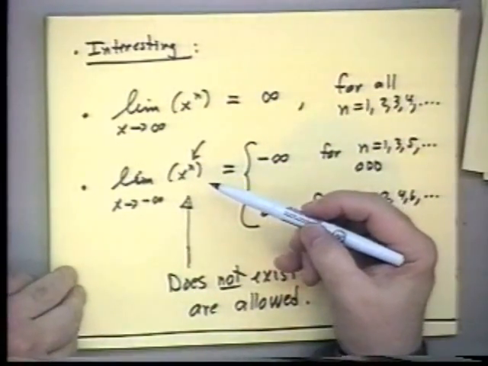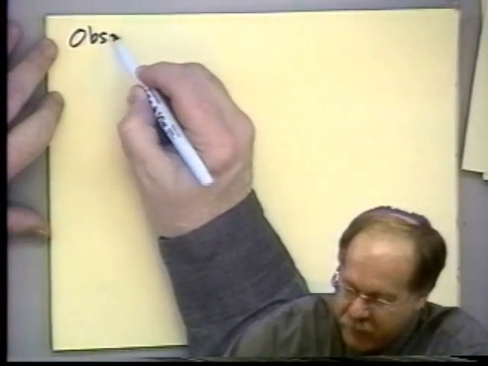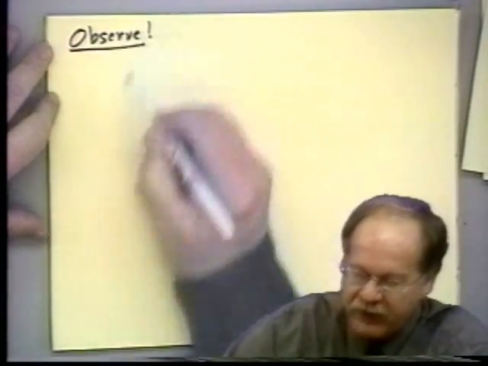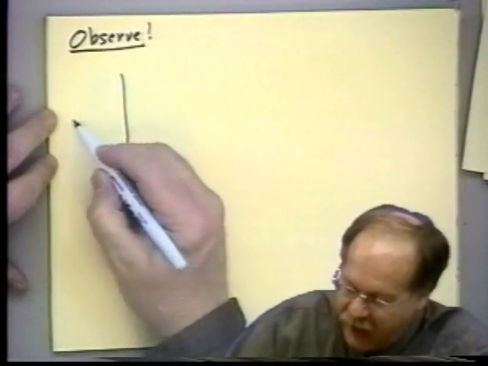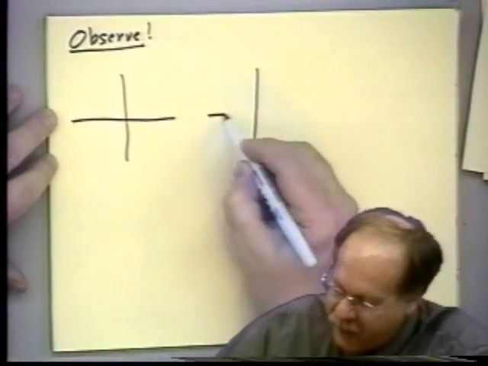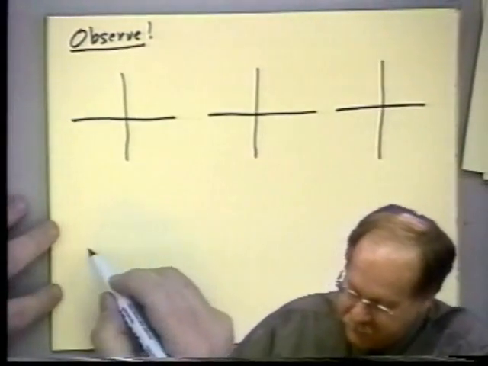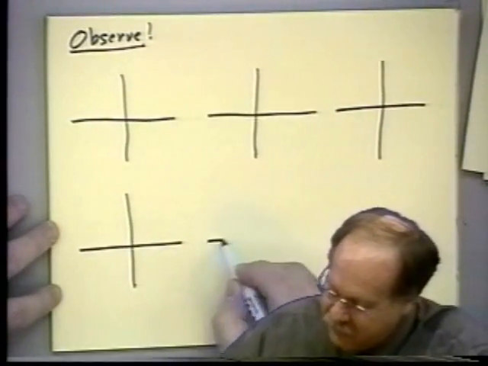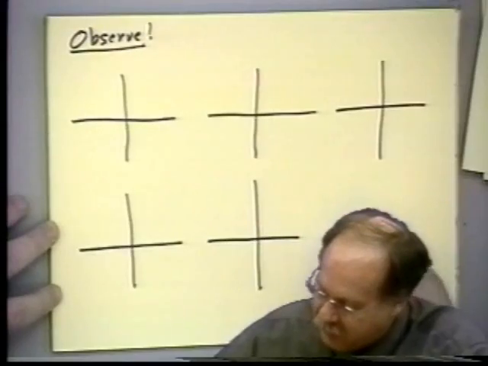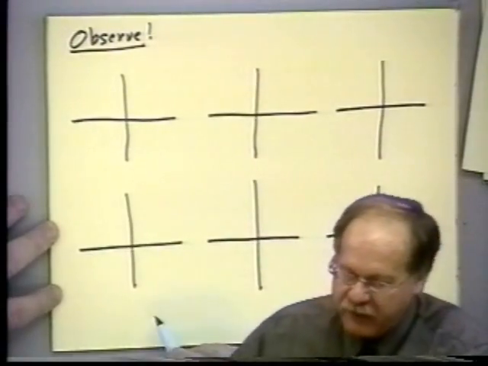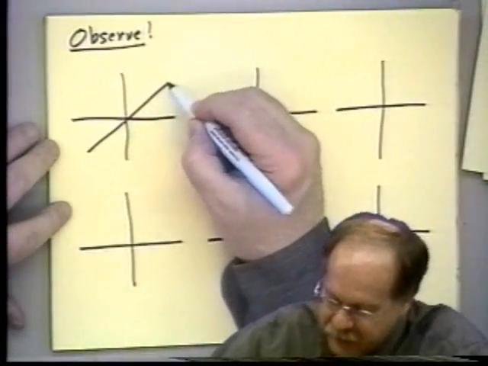And finally, these are such interesting limits. Let's look at their graphs and just make a silent observation of these graphs. I will go ahead and draw 6 graphs, and then we'll move on to some other limit properties. But I think you'll see from these that what we just learned on the previous page makes perfect sense.